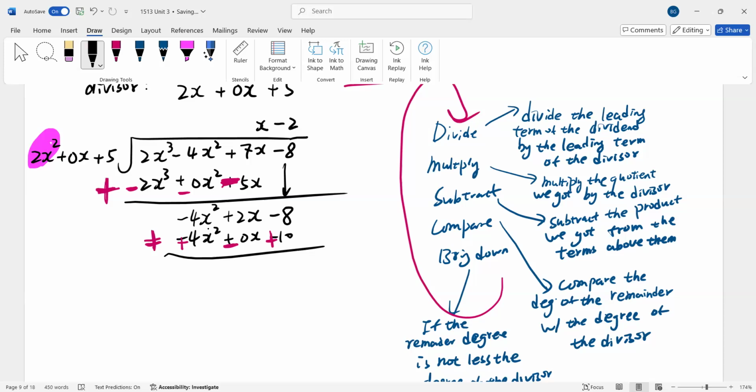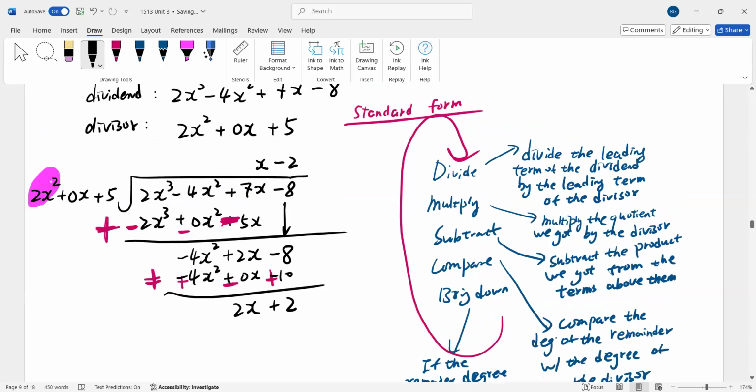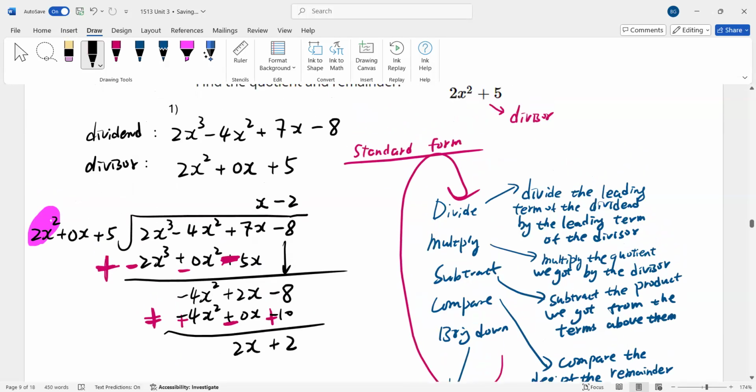94x squared, positive 4x squared, they cancel. 2x minus 0x, 2x. Negative 8 plus 10, positive 2. All right. And let me double check my work here.